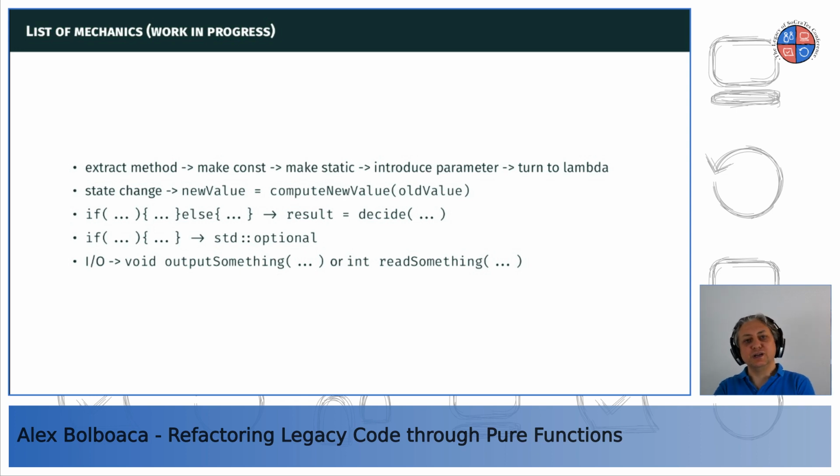Because a pure function needs to return a value, and if it's only an if, on one branch it will return a value, on the other branch it won't return anything, and that's why you need an optional thing. If it's an input-output kind of thing, you need to encapsulate basically the thing that does the input-output, and then you'll end up with output something or read something.